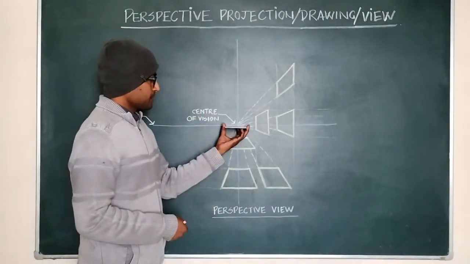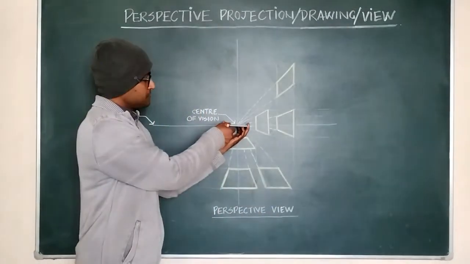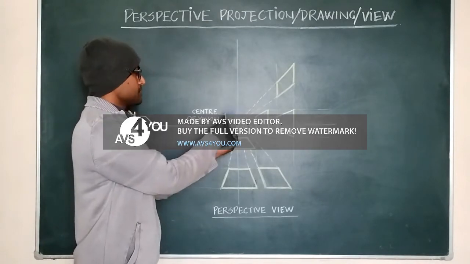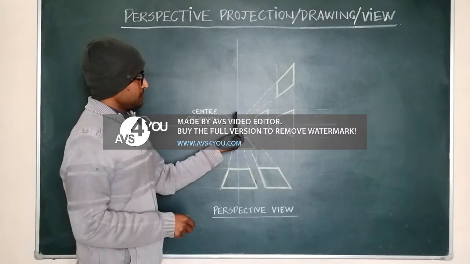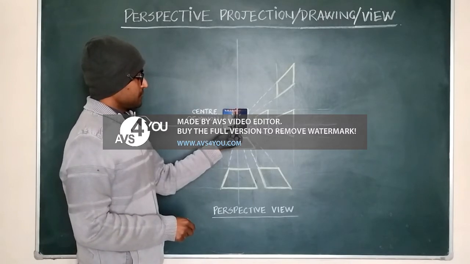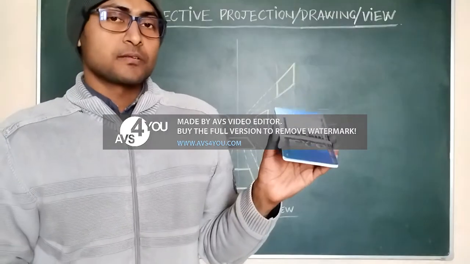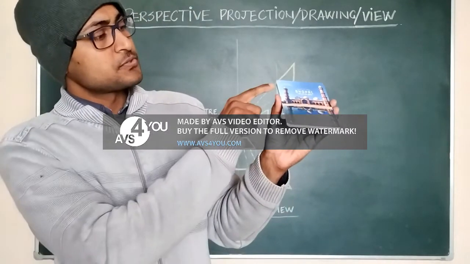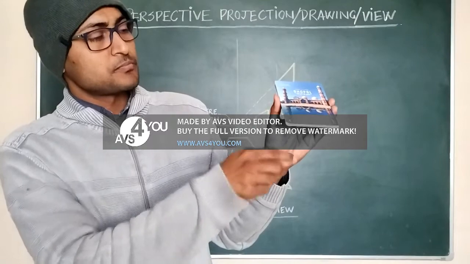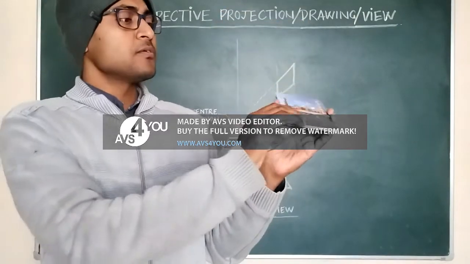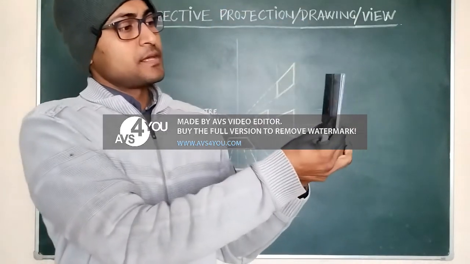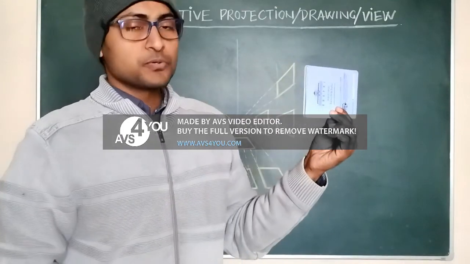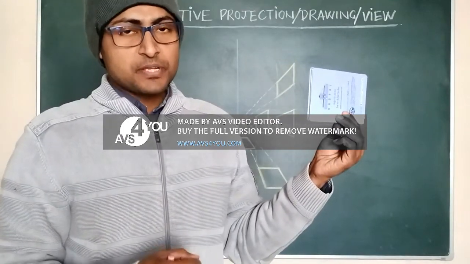Instead of keeping horizontal, we are putting our plane something like this, or instead of keeping vertical, we are keeping our plane something like this. If we put our plane like this, these lines are no more perpendicular to the picture plane, or in this manner also these lines are no more perpendicular to the picture plane.